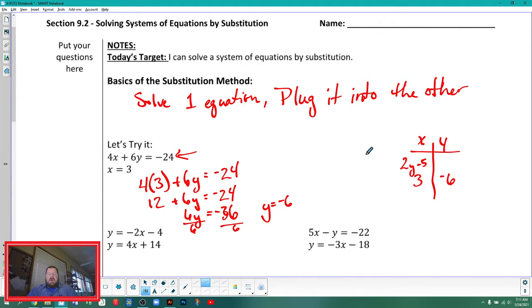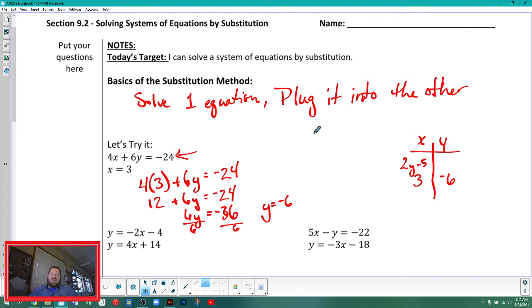So for this line, when x is equal to 3, y is equal to negative 6. Most of the time, that would just be random guessing: let's just pick an x and figure out what y is. In this case, since we know that x equals 3 for the other line, let me kind of graph it.